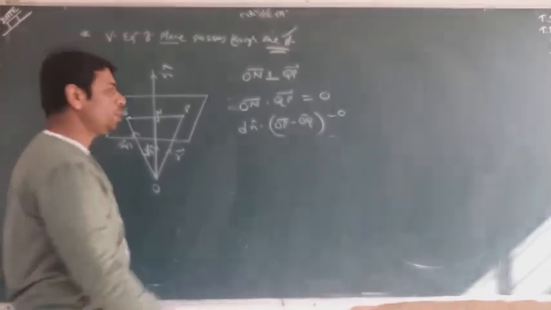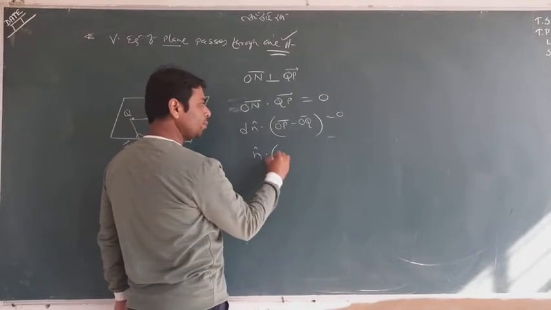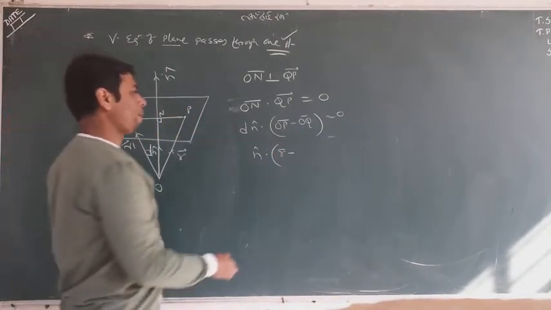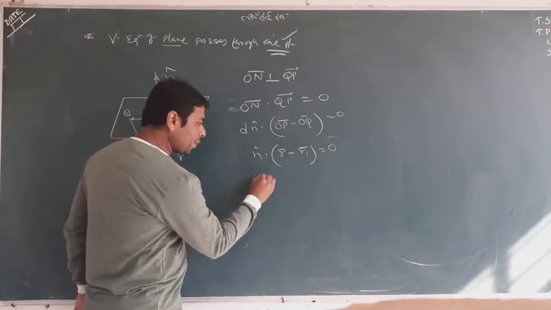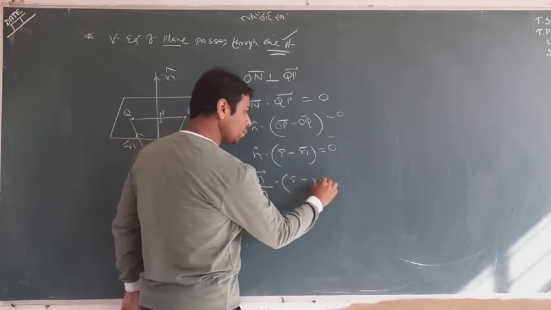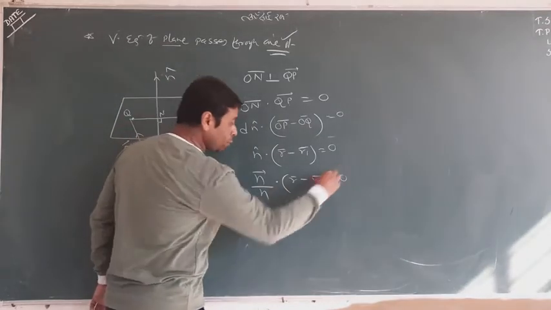O is the origin point. Now d is a constant value. I transfer it to the other side. OP meaning r and OQ meaning r1 is equal to 0. Now n cap, can I write it as vector n upon mod n, dot. Mod n is again a constant number, so I can transfer it, cross multiply.